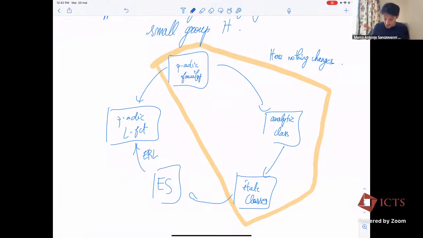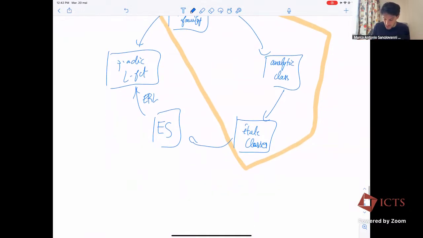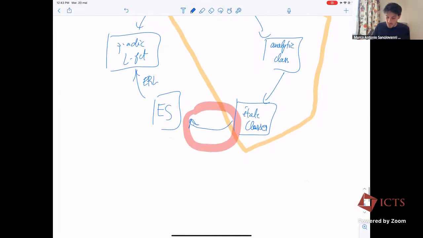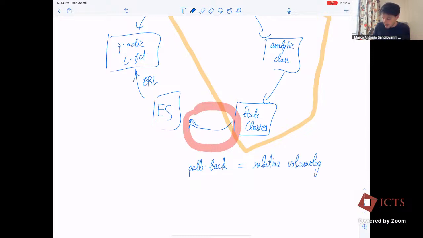But the difference comes into play here, in this arrow. So in the pullback situation, I was considering relative cohomology of the pair (Y, Z).